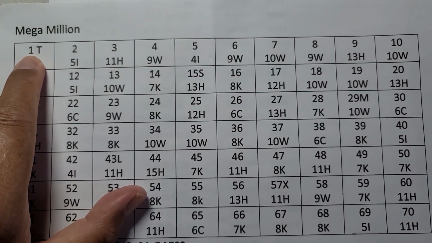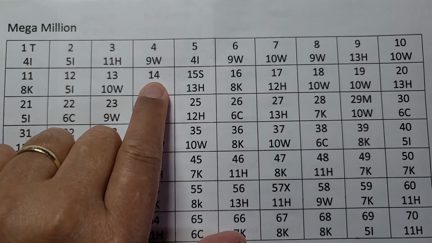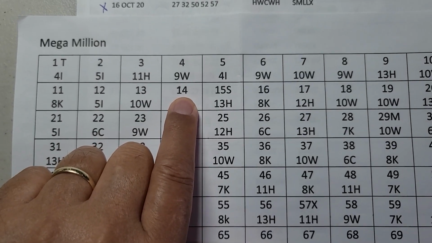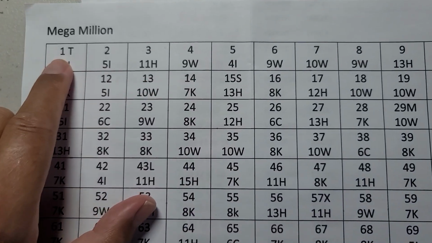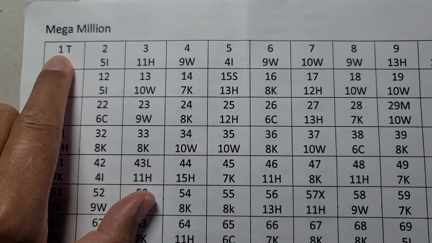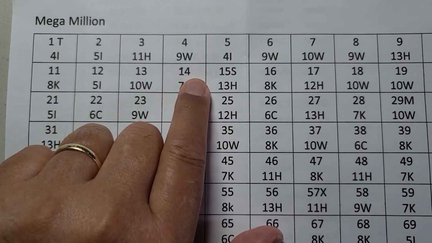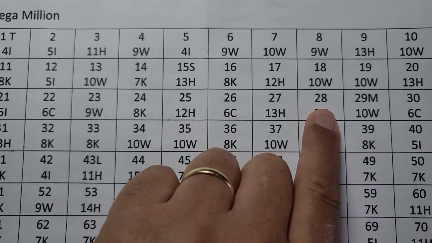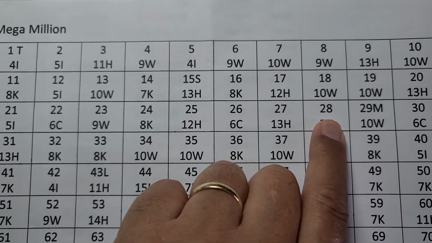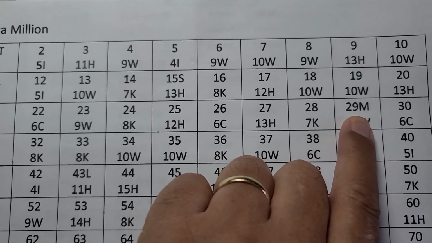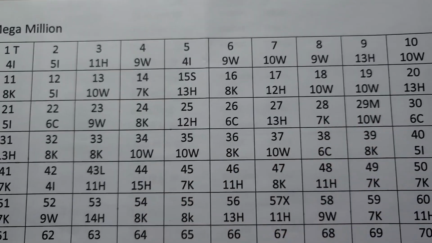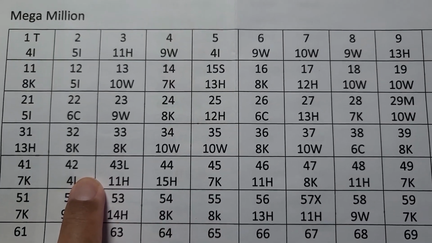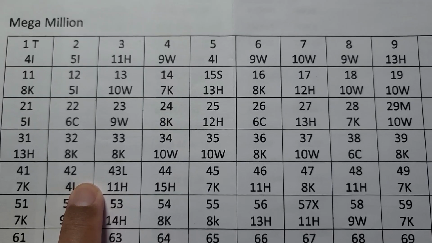From number 1 to number 14, I categorize these as my tiny numbers, and that's why I have the T designation right here. Okay? And then from 15 up until 28, these are my small numbers. And then from 29 to 42 is my medium numbers.